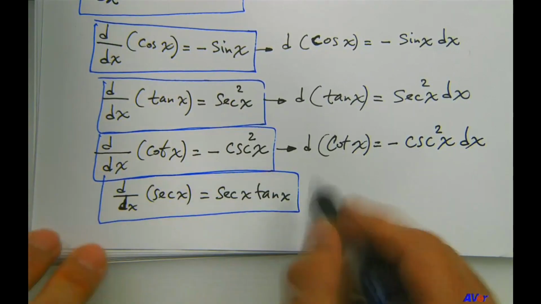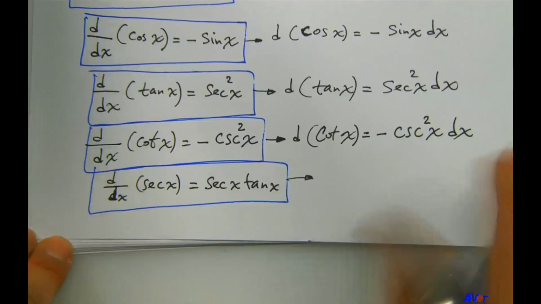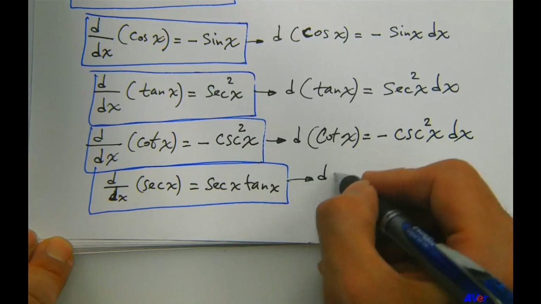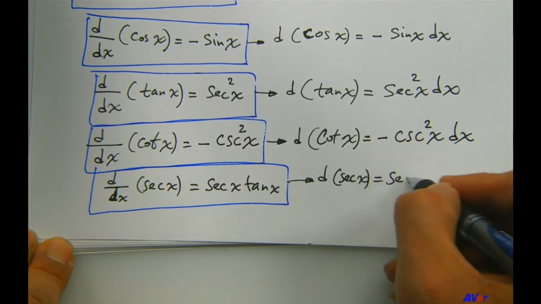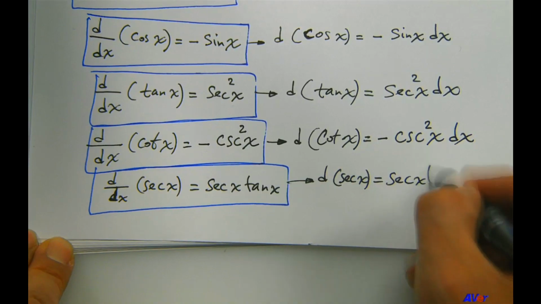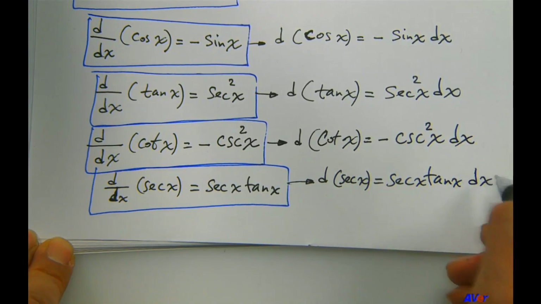And of course, we can rewrite this as the derivative of the secant function is equal to secant x tangent x dx.